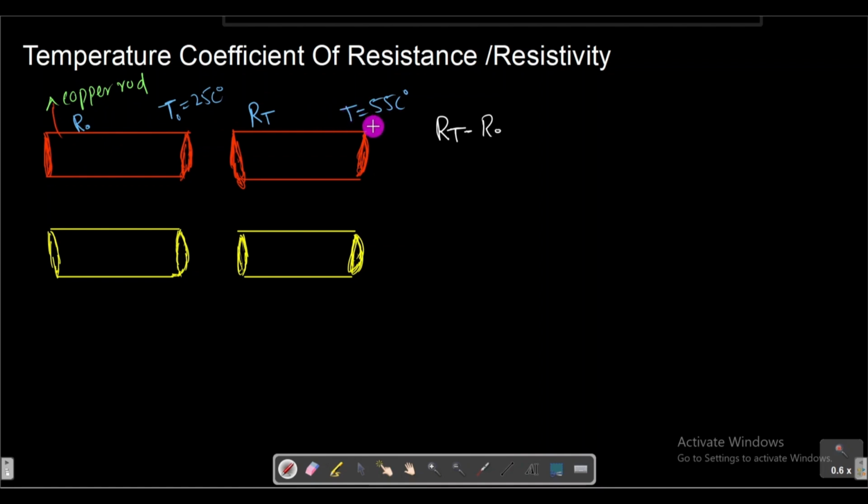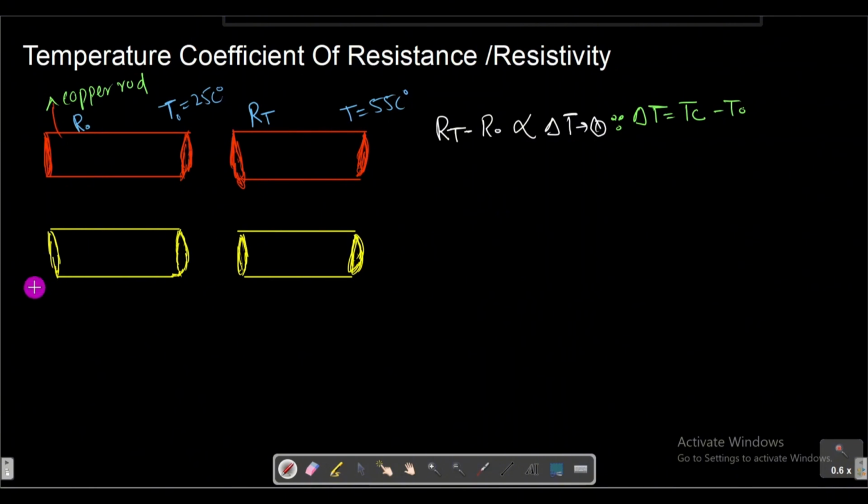If I increase the temperature more, then this RT minus R0 value will also be higher. So RT minus R0 is directly proportional to delta T. Here delta T is T in degrees centigrade minus T0. Let's call this expression equation 1.